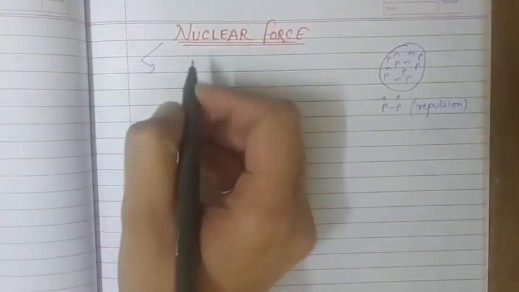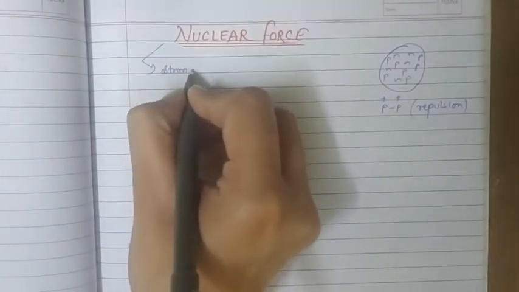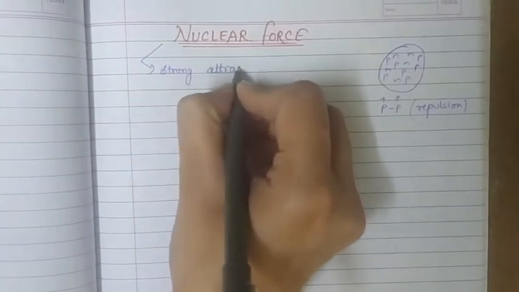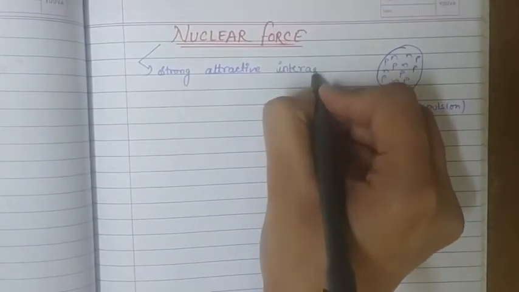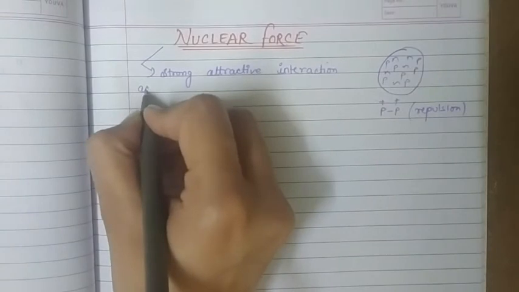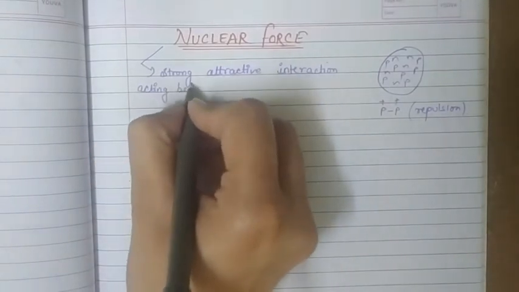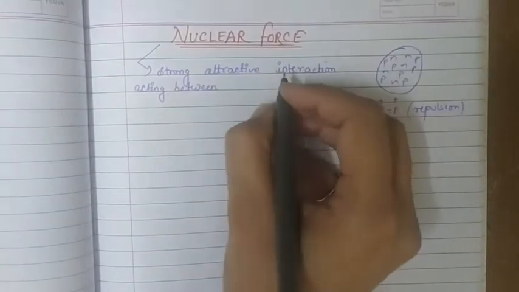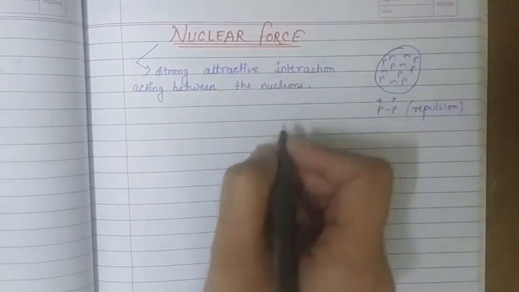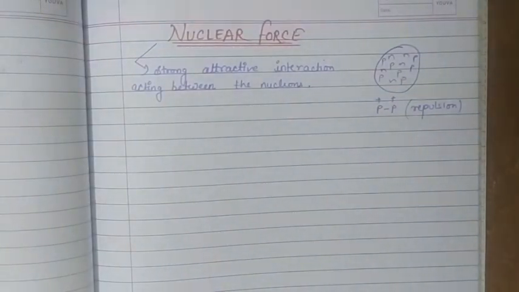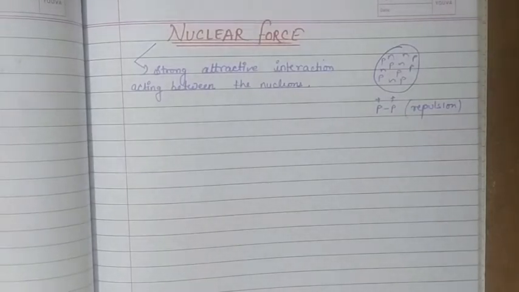So nuclear force is the strong attractive force or strong attractive interaction acting between the nucleons. It is responsible for binding the protons and neutrons together inside a tiny space of the nucleus, of the order of 10 to the power minus 15 meter.